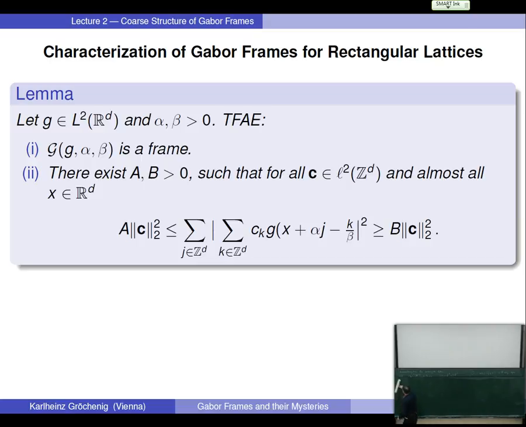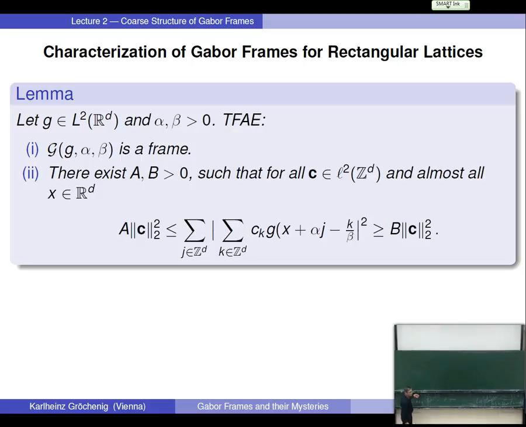So there are about, let's say, 15 or 20 criteria to check whether a Gabor system is a frame or not. And they are usually in publications proved from scratch. But I claim that once you have understood the duality theorem, you can derive them as a corollary from the duality theorem.